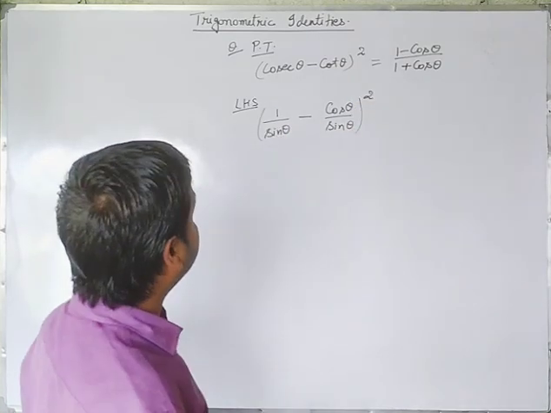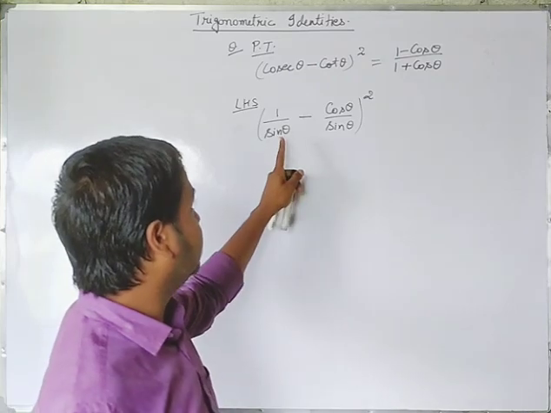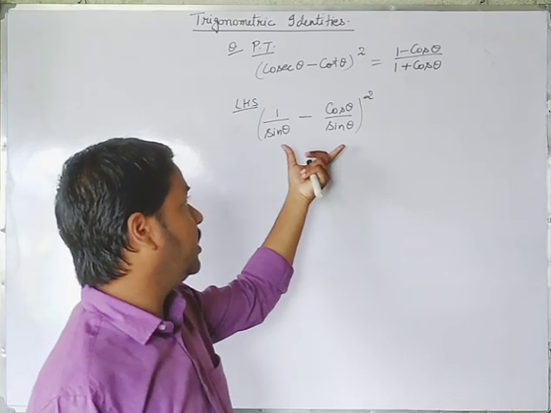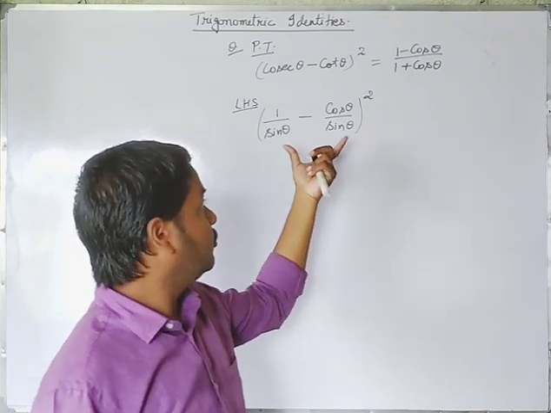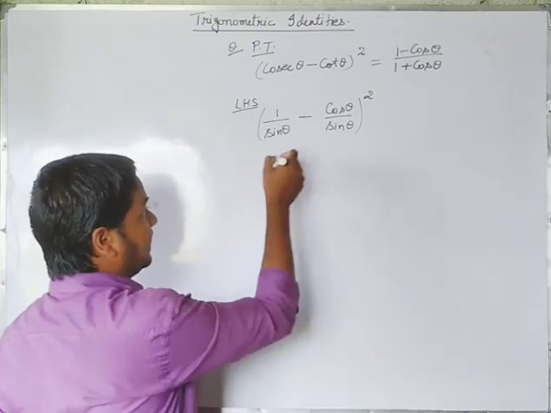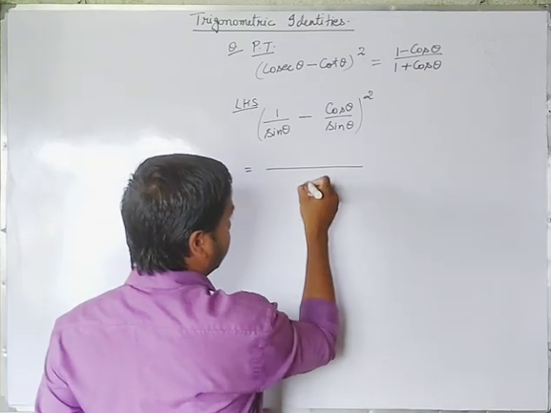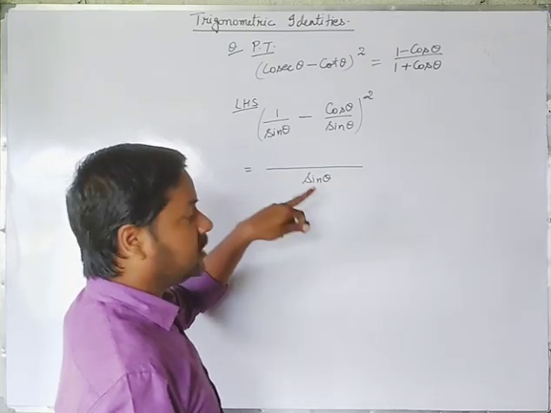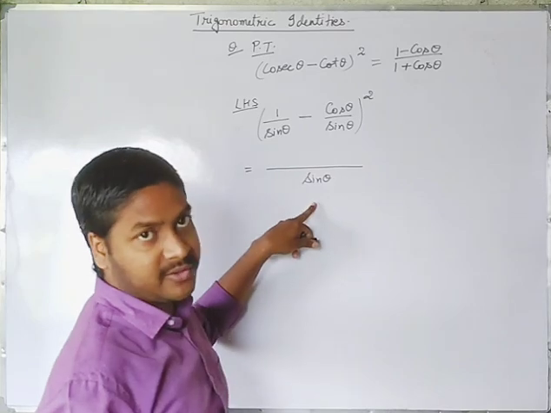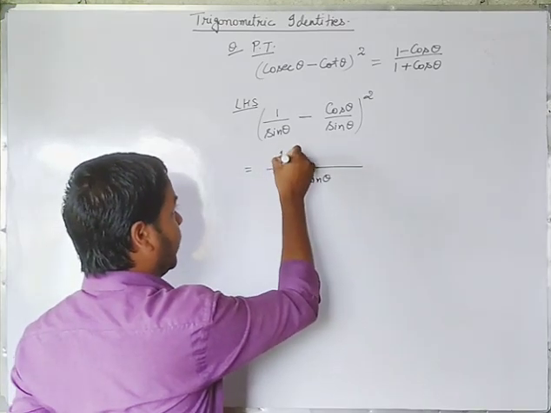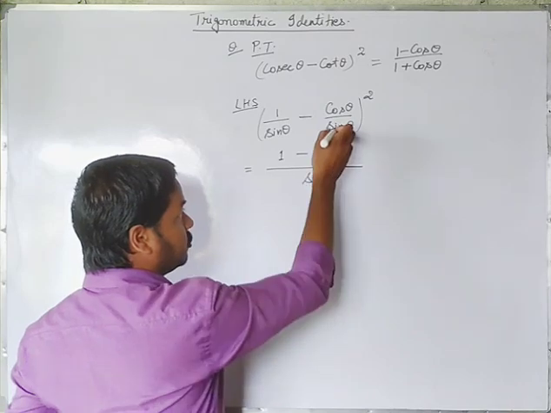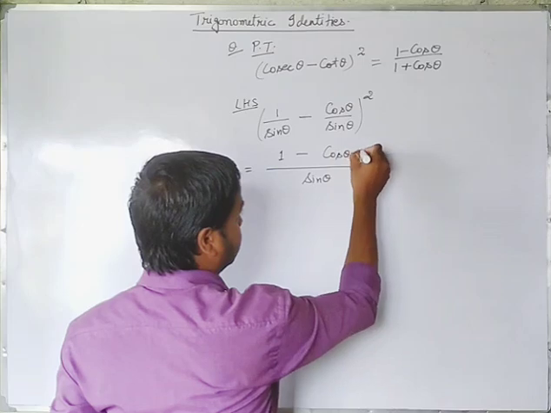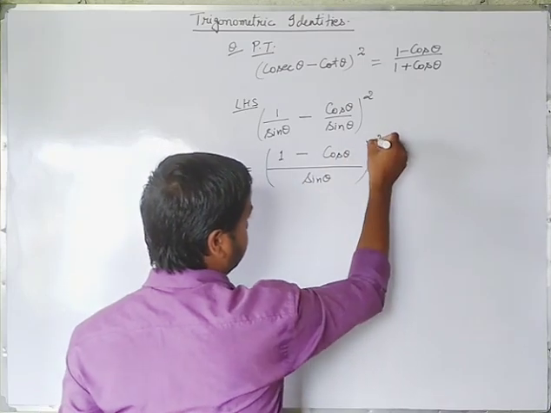Here in the denominator both are the same, and if they were not the same, we would take the LCM. The denominator will be sin theta, and dividing gives 1. So 1 into 1 is 1, minus 1 into cos theta, which is cos theta, and it has the whole square.